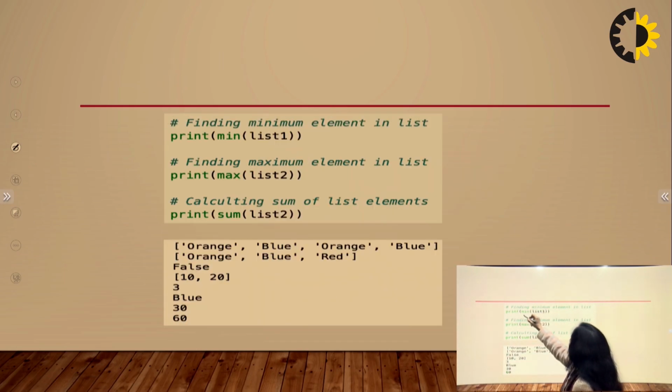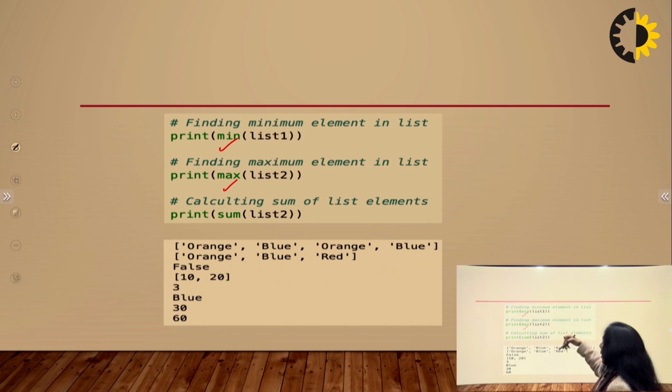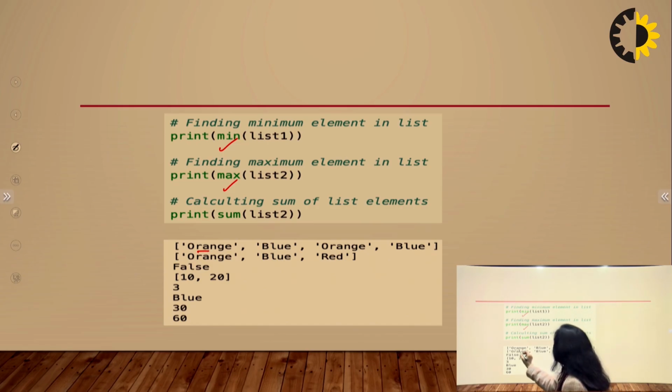Another thing is finding the minimum and maximum inside the list. Minimum and maximum are directly calculated for number values, and if the values are alphabetical, they are calculated by the ASCII value of the starting letter. If both start with the same letter, then the ASCII value of the second letter is considered, and if the first and second match, then the third.